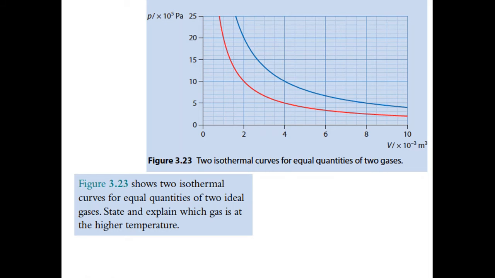The above figure shows two isothermal curves for equal quantities of two ideal gases. State and explain which gas is at the higher temperature. We draw a vertical line that intersects the two isotherms at 2 points like this.